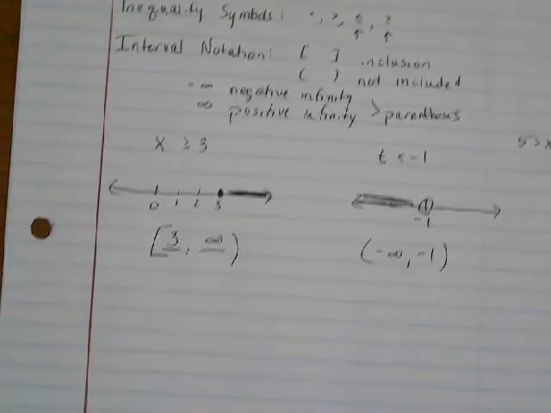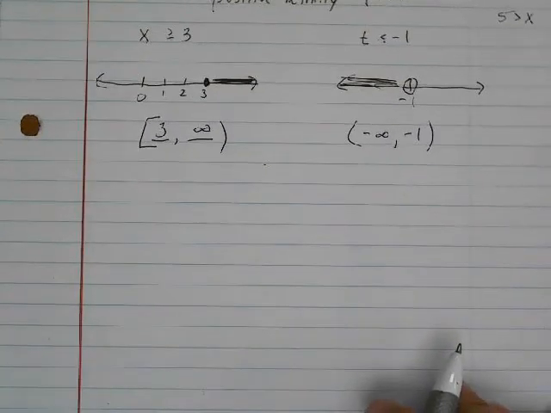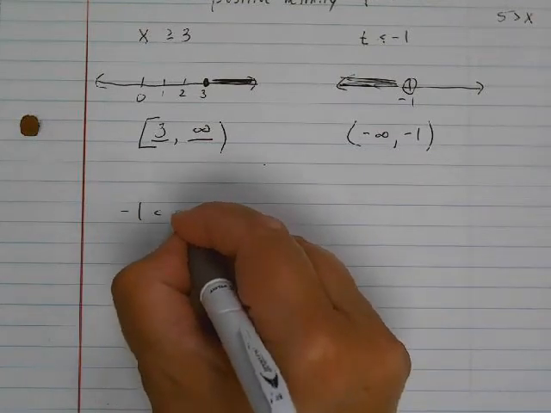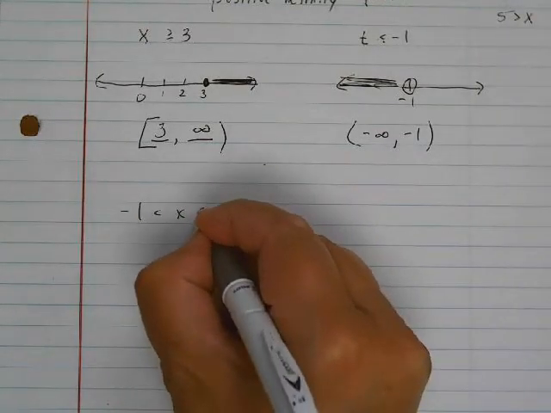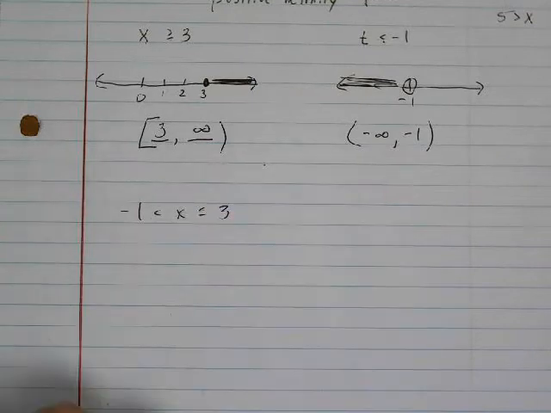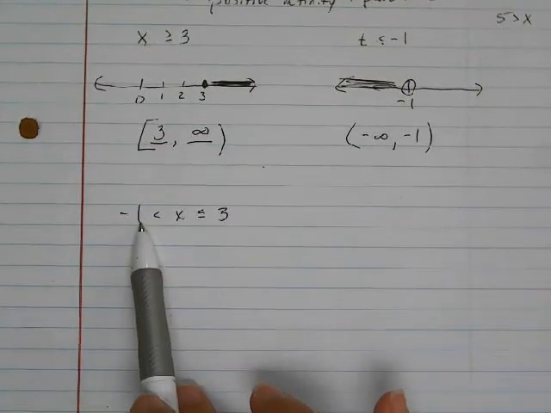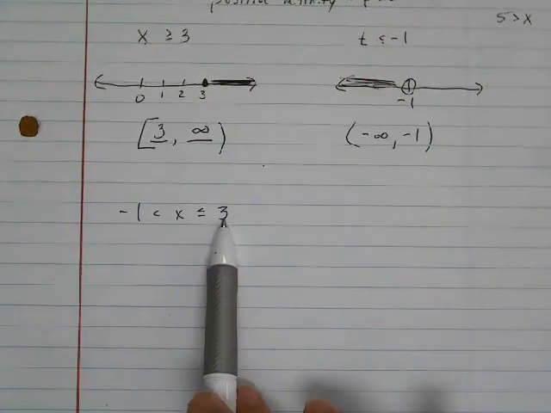Let's talk about a compound inequality. So a compound inequality would be two inequalities put together using and or or. So in this case, I'm going to say that x is greater than -1 and x is less than or equal to 3.